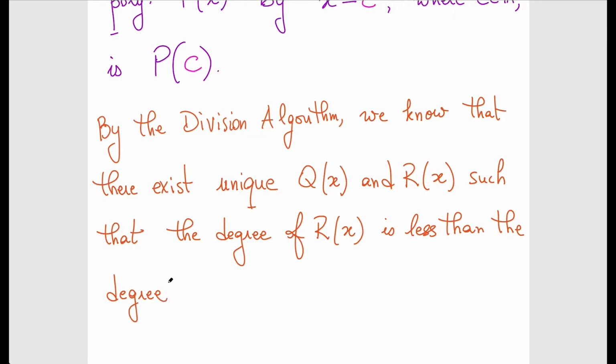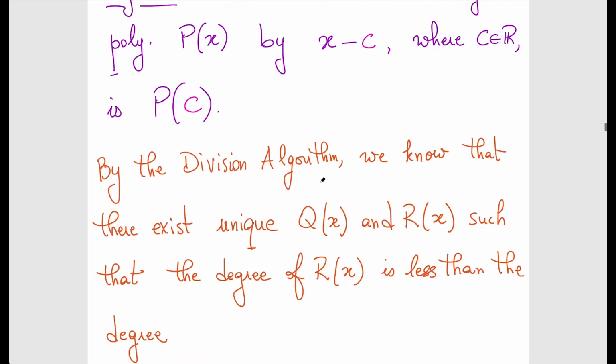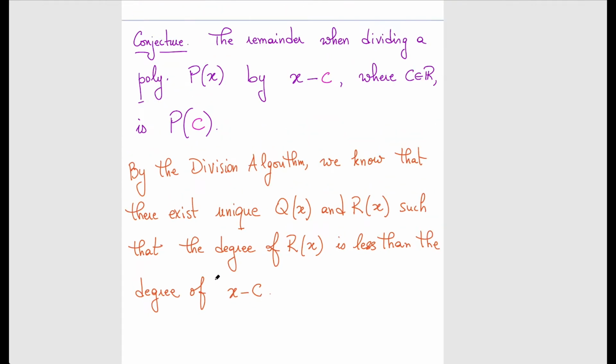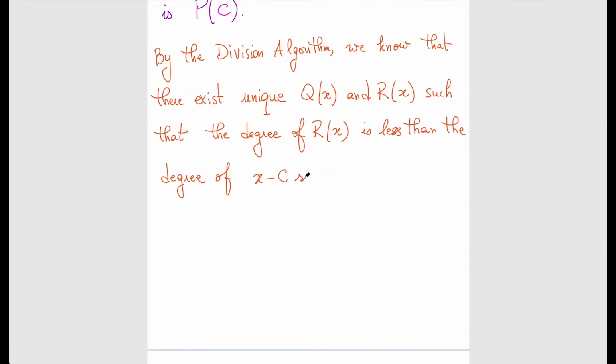And who's the divisor here? What am I dividing with? I'm dividing this guy by this guy, so that's the divisor. So the degree of r of x is going to be less than the degree of the polynomial x minus c, the divisor, such that p of x, the dividend, is equal to the quotient times the divisor, x minus c, plus the remainder. This is what the division algorithm tells us.